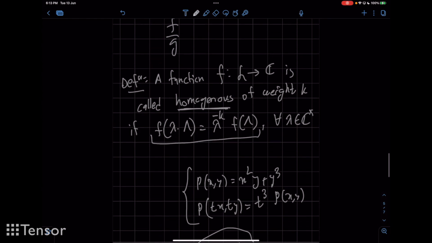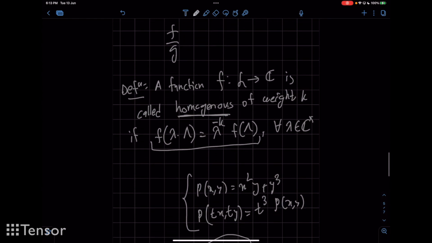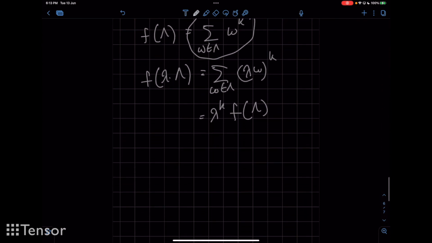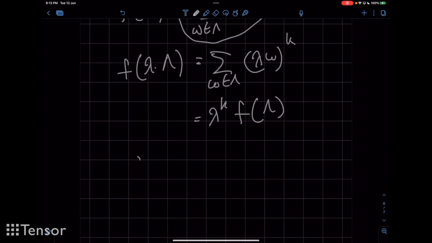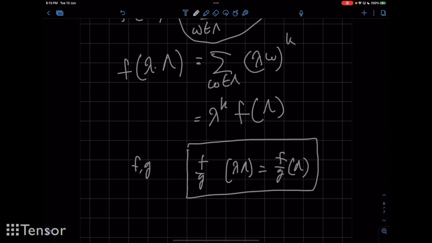If I have two homogeneous functions of the same weight, let's say f and g, then f over g has our desired property: f over g of lambda times capital lambda is equal to f over g of capital lambda. So it's very natural to work with homogeneous functions of weight k.